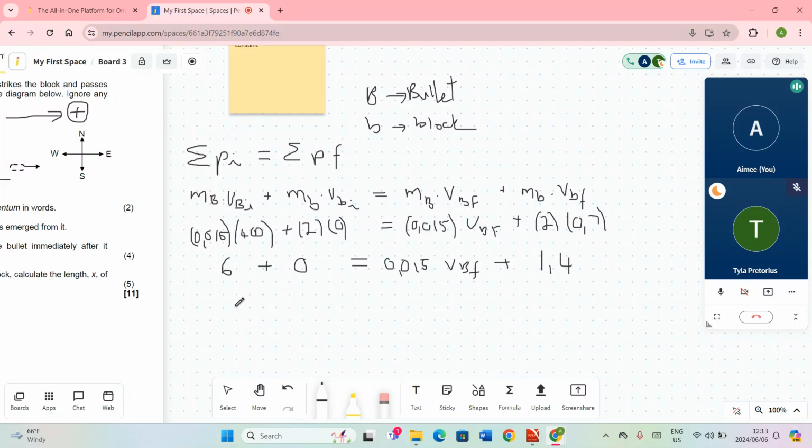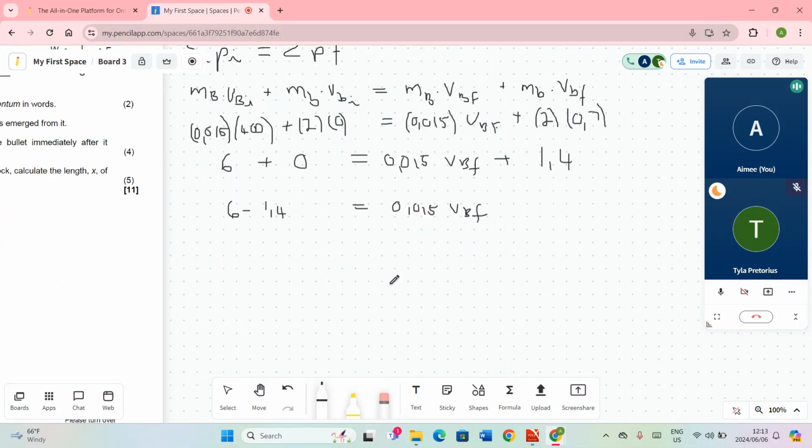So we take this over, and this becomes 6 minus 1.4 is equal to 0.015 VBF, which means 4.6 is equal to 0.015 VBF. We divide by 0.015 on this side. What we do on the right, we must do on the left.